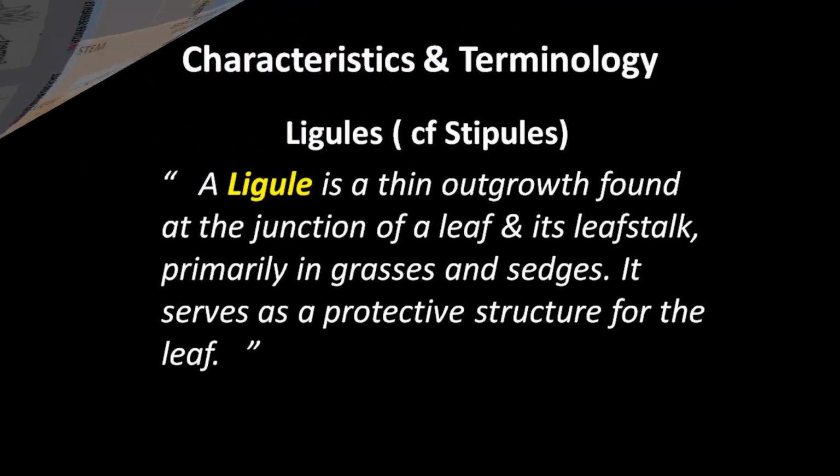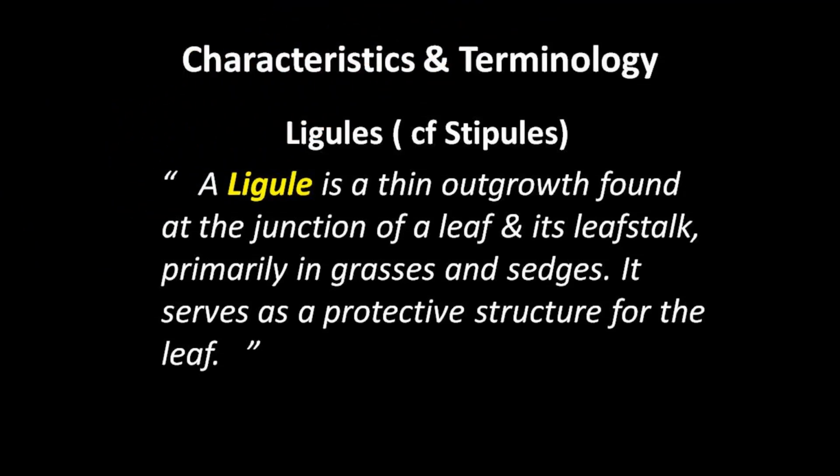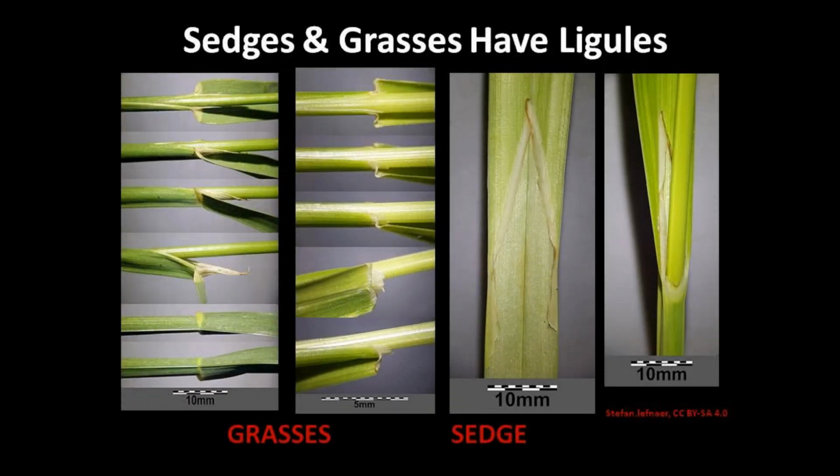So, what is a ligule? Well, a ligule is a thin outgrowth found at the junction of a leaf and its leaf stalk, primarily in grasses and sedges. It serves as a protective structure for the leaf, and it is interesting to compare the same arrangement in dicotyledon plants, which are known as stipules.